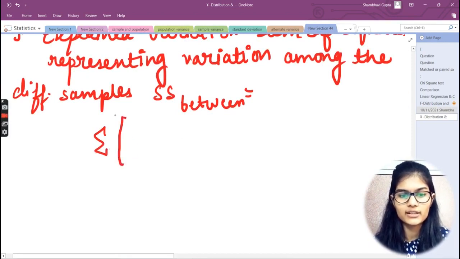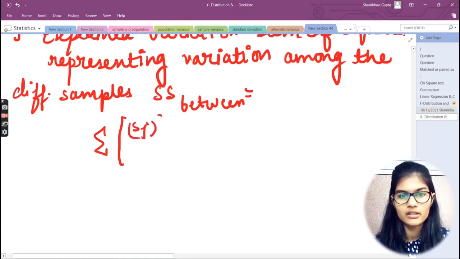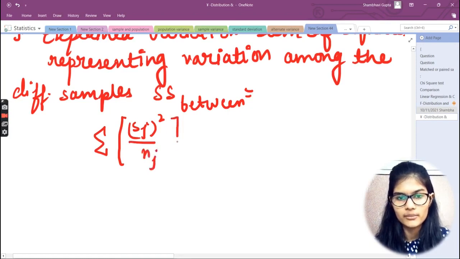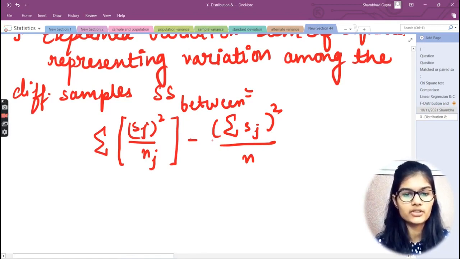So its sigma bracket goes on like this: Sj whole square divided by n of j, bracket closed, subtracted by sigma Sj whole square divided by n. Hope you are very clear with this, whatever I have just written out at this particular place.